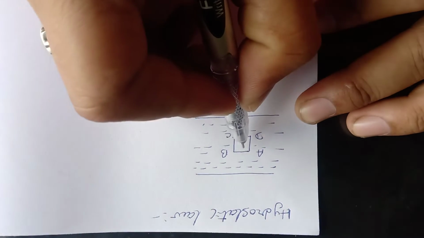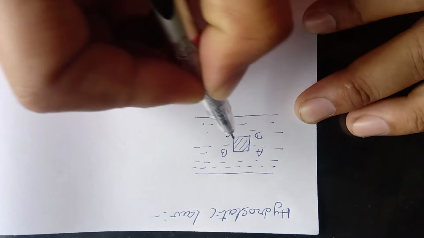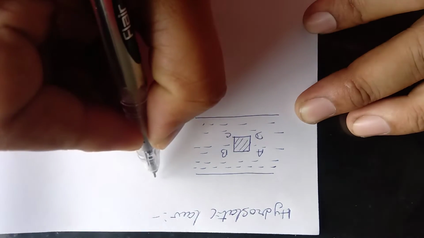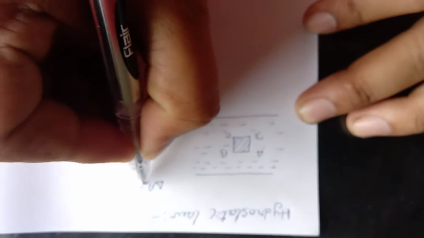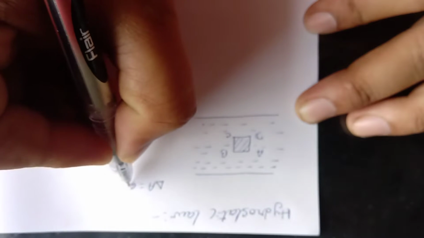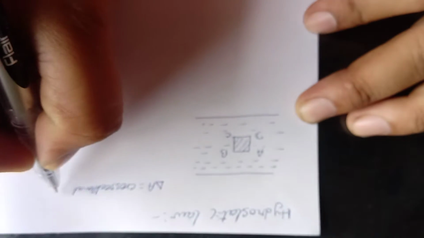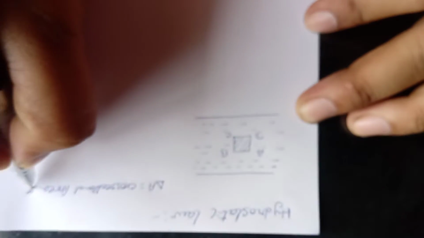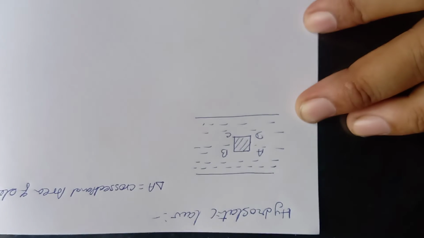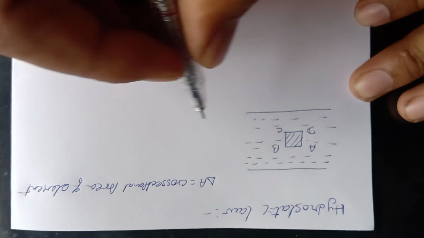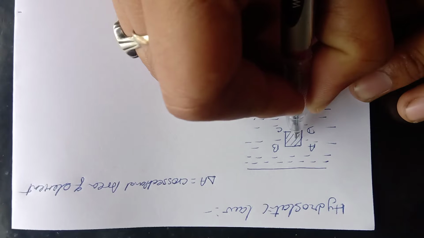This is my element for which we are going to find its value. Now see, if delta A is the cross sectional area of the element, so this area is delta A.